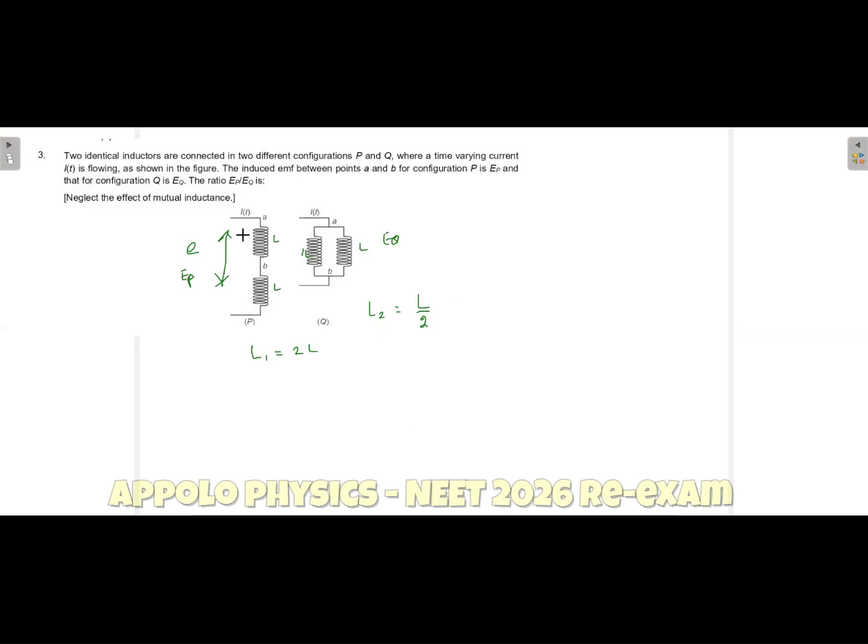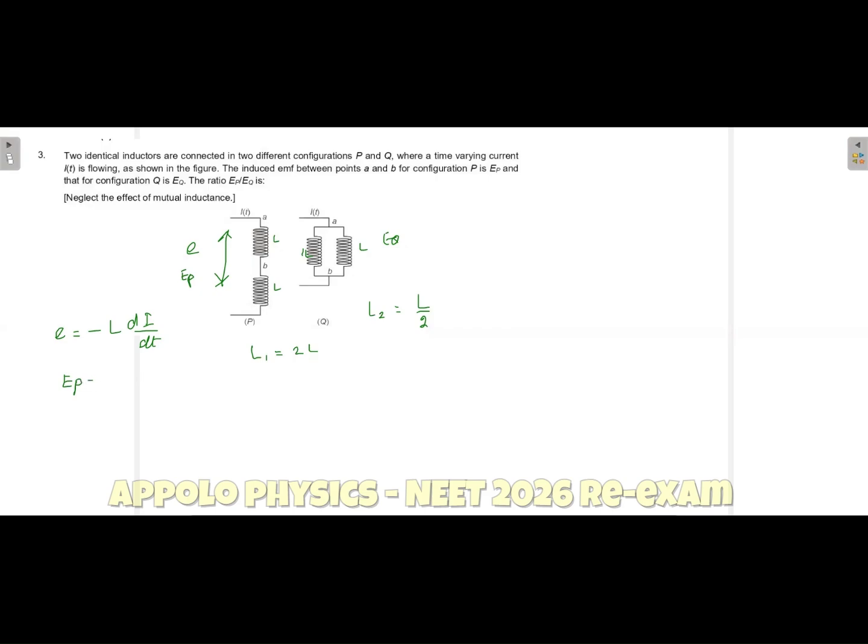We wanted to find the induced EMF. We know the formula for induced EMF: minus L into di by dt. Now we only need the ratio of the two. So in the first case, let us call the EMF EP.